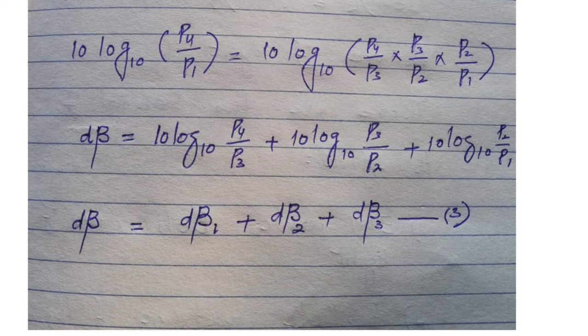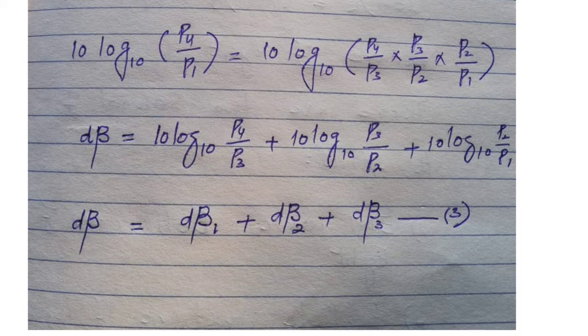Okay, so basically we calculate the log on both sides of equation number 2 and then we multiply it by 10. And the left hand side of the first equation of this slide gives you the overall transmission efficiency of the cascaded system in decibel, which is represented by dB.